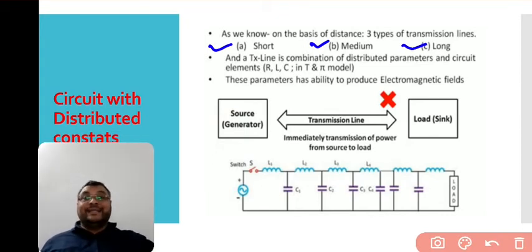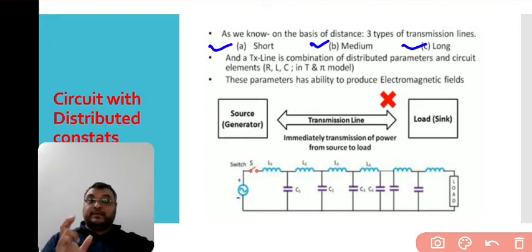We can define distributed parameter as being per unit length. For a particular per unit length, the value of inductance is L1 and the value of capacitance is C1.